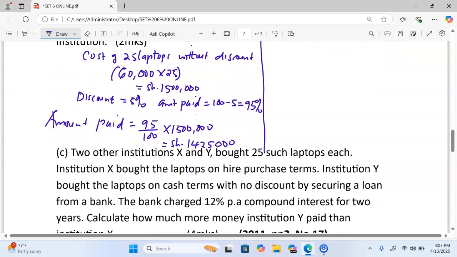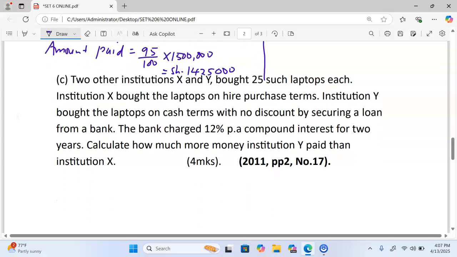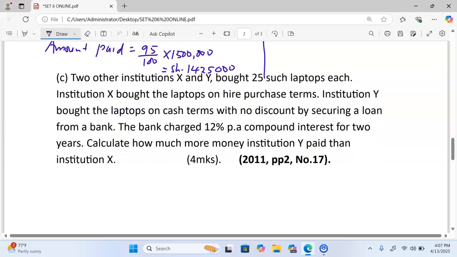We now move to the last part, which is part C. Two institutions X and Y bought 25 such laptops each.